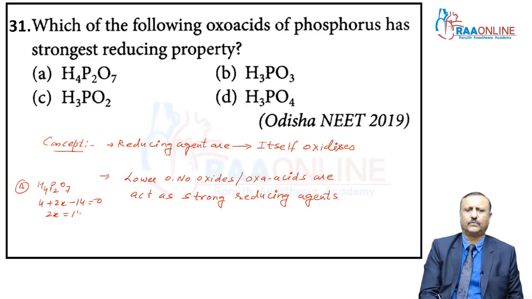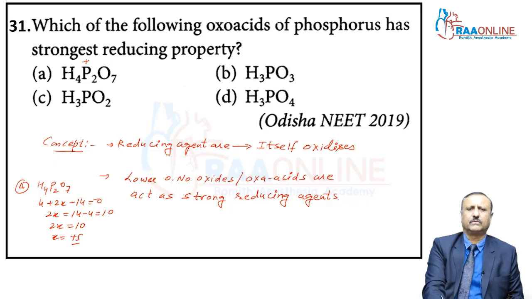Then 2x is equal to 14 minus 4, that equals 10. Means 2x is equal to 10, then x is equal to plus 5. Here in H4P2O7 you get the +5 oxidation state.